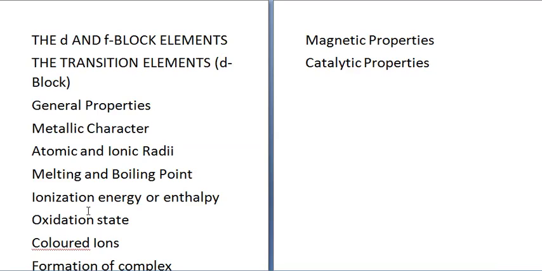Therefore, values of the first 3d block elements differ only slightly from one another. Values of iron, cobalt, nickel and copper are close to one another, almost the same. Values of zinc, cadmium and mercury are considerably higher due to the extra stability of the 3d10 level, which is completely filled.